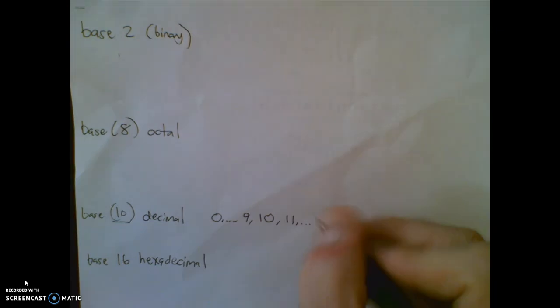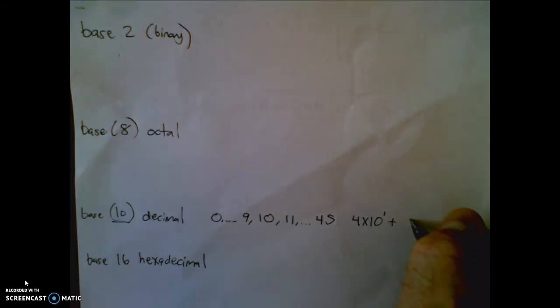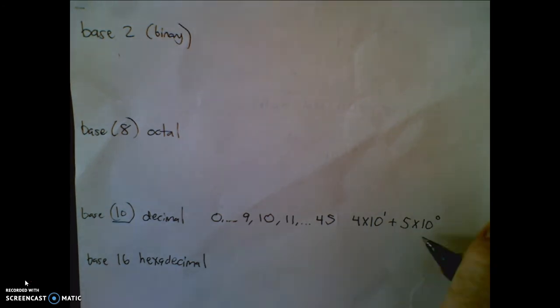If you had the number 45, then that would be 4 times 10 to the first plus 5 times 10 to the 0, because 10 to the 0 is just 1. 5 times 1 is 5. 4 times 10 is 40. That's 45.